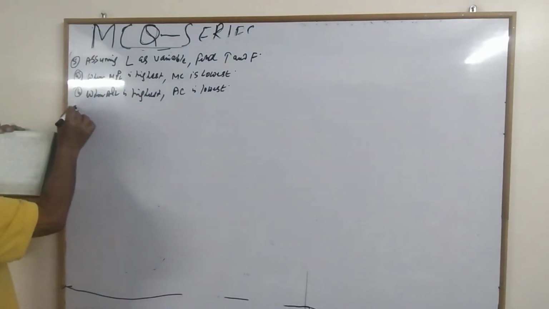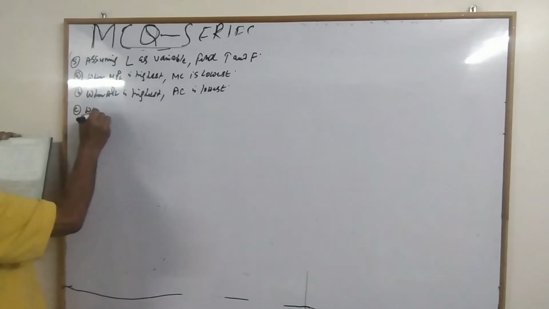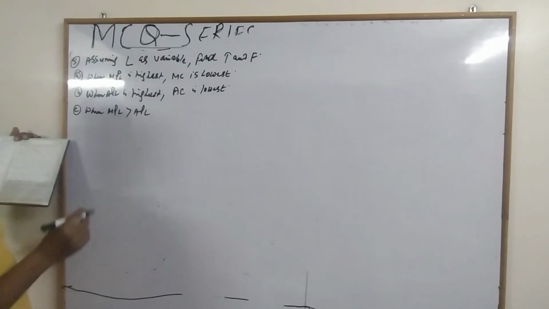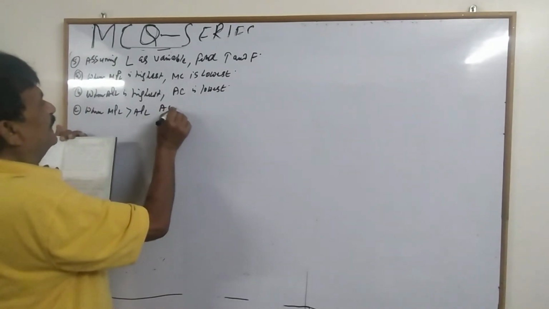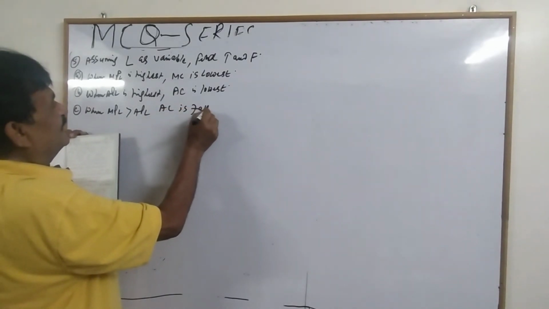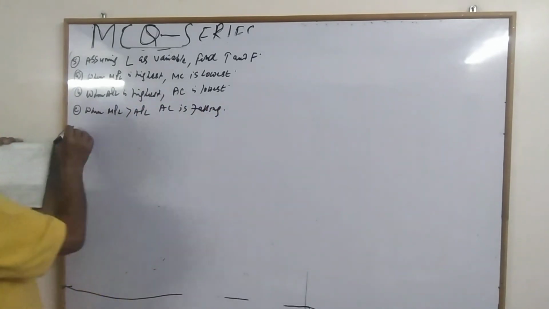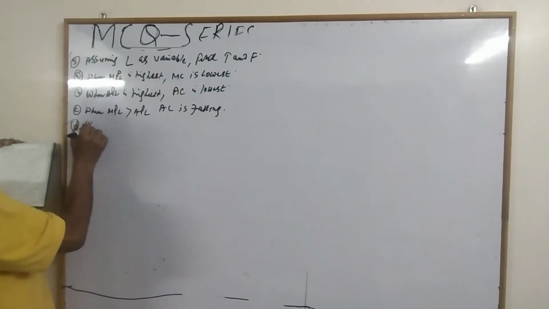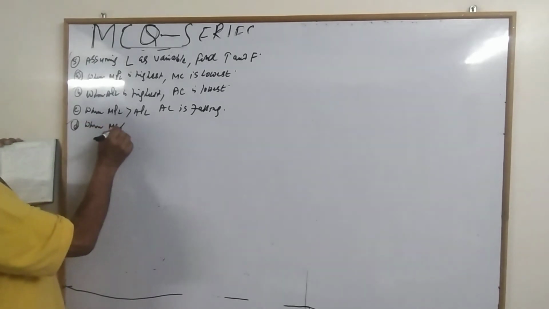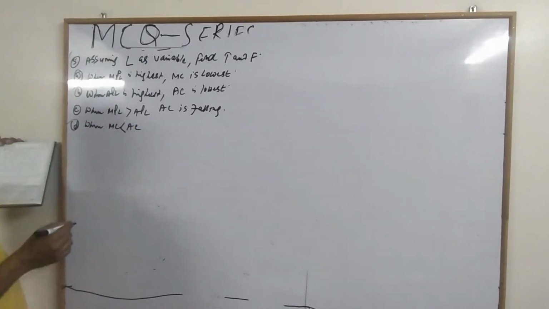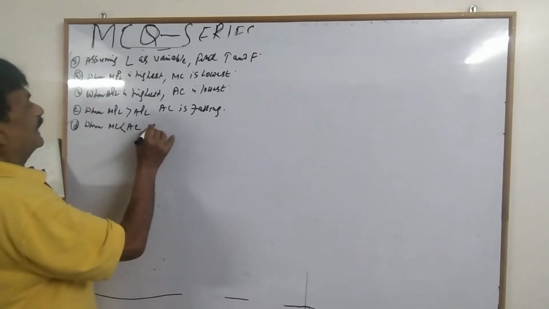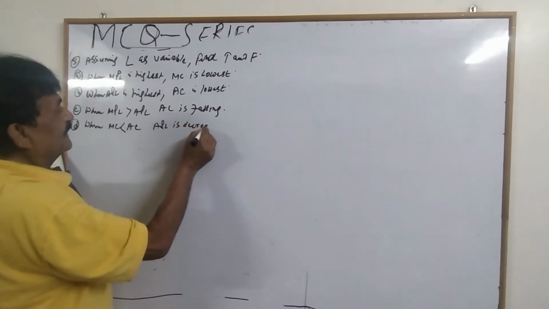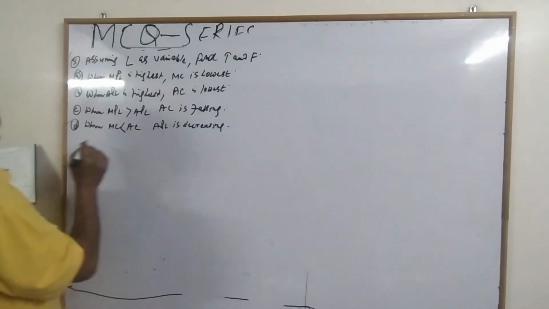C, when MPL is greater than APL, AC is falling. D, when MC is smaller than average cost, APL is decreasing.